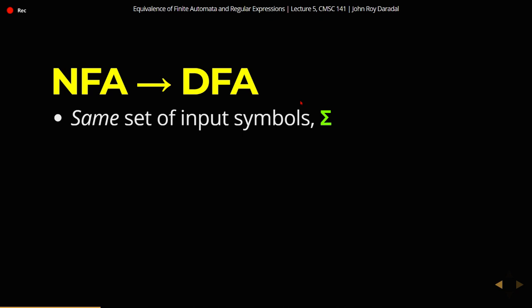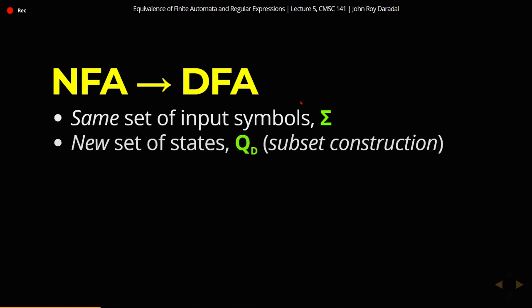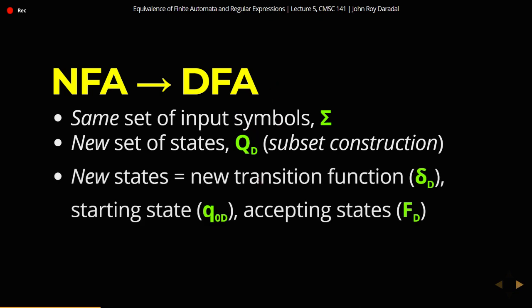In converting NFA to DFA, we will use the same set of input symbols sigma. So that would be equal. However, we will need a new set of states. So we will use something called subset construction for the new set of states Q for the DFA. We call that Q sub D, or the set of states for the DFA. And because there are new states, that means that it will also change our transition function, starting state, and accepting states.